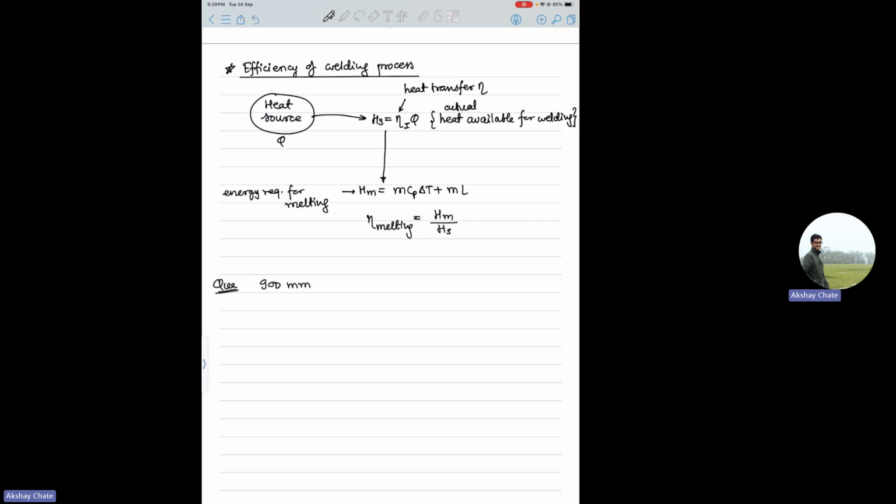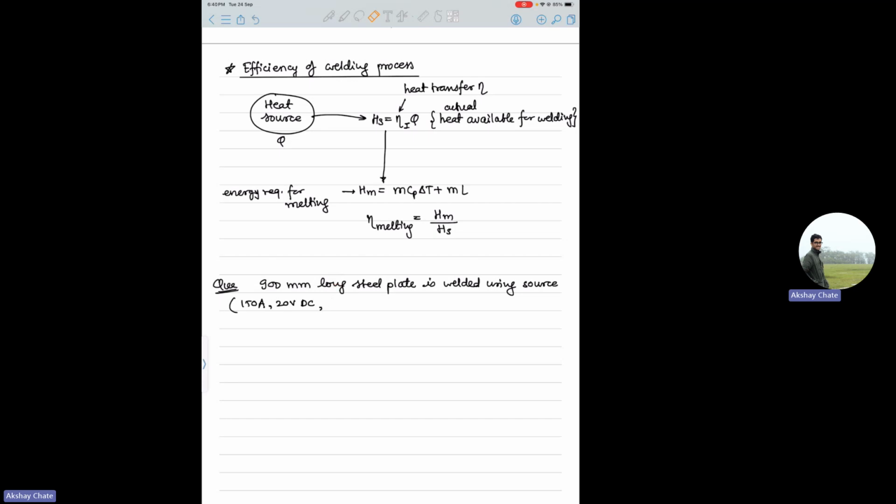A 900 mm long steel plate is welded using a source which is at 150 ampere current, 20 volts DC, and welding speed.